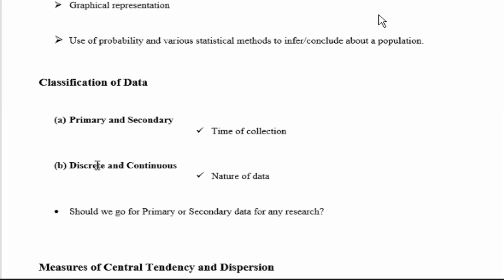Then data may be, on the basis of nature, discrete or continuous. Discrete data are the data which are measured on a discrete scale. If you want to switch over from one category of data to another, or from one data point to another, there is a gap between the two, there is a jump. For example, when you say male or female, an individual is either male or female, or whether you are working in the public sector or private sector.